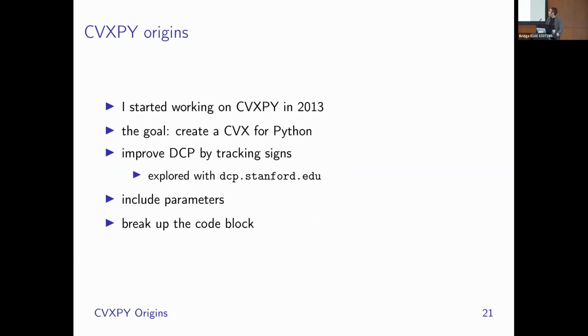So I started working on the project, as I said, in 2013 when I was an undergrad. My actual very first project for Stephen was dcp.stanford.edu, which is a website that teaches you the DCP rules. And the goal was essentially to create CVX, but in Python, including parameters, and having it be more Pythonic.